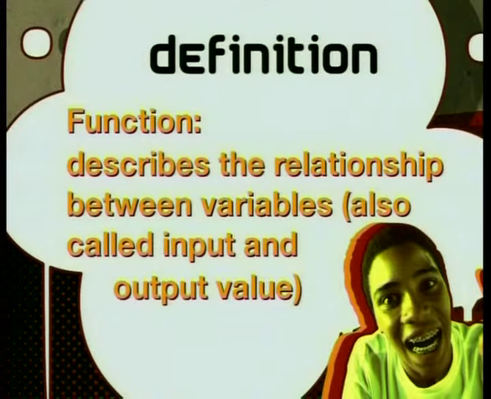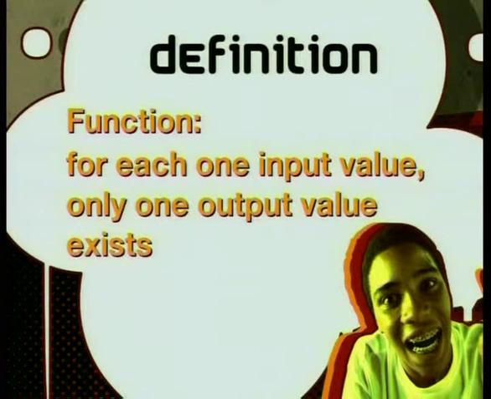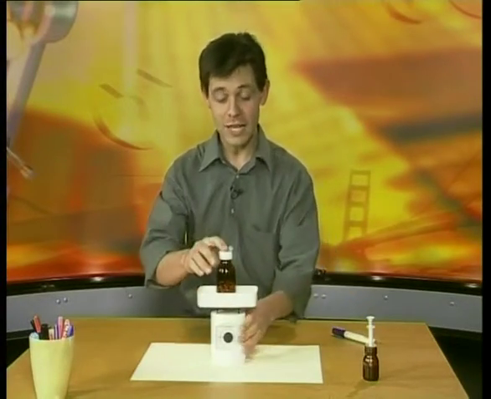Let's make sure, though, that we all understand what we mean by a function. A function describes the relationship between variables, also called the input and output values. For each one input value in a function, there is only one output value.